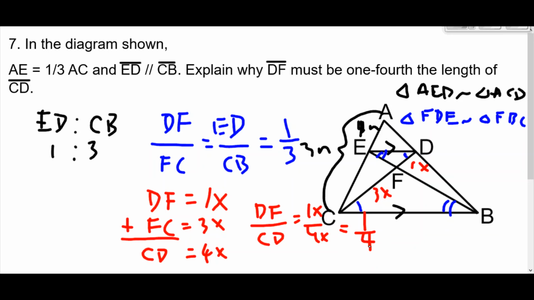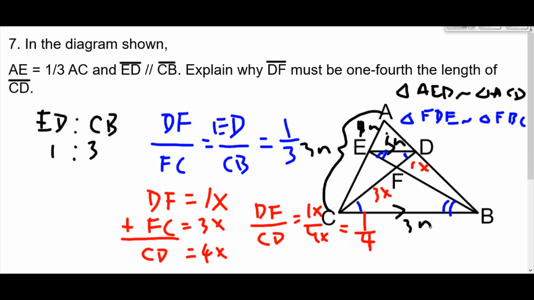And so we know here that our ratio of sides, in this case, again, ED is 1/3, 1n and 3n. Very similar ratio here. Not necessarily the same values, but the same ratio of 1n to 3n. We can use that to help us figure out the second pair of triangles as similar.